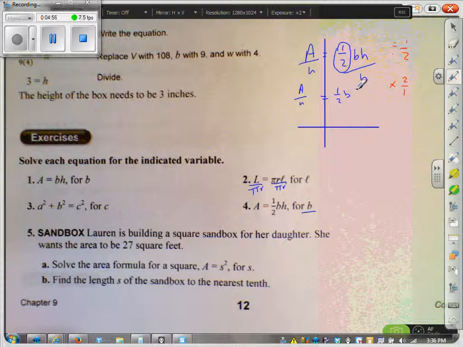If we do that on both sides, all of this cancels. We get b by itself, and it equals 2 times a, which is 2a over 1, times h, which is h. So b equals 2a over h. All right, there's a couple of examples of that.